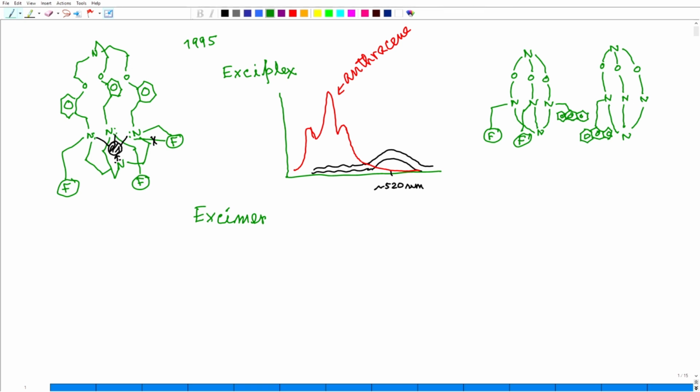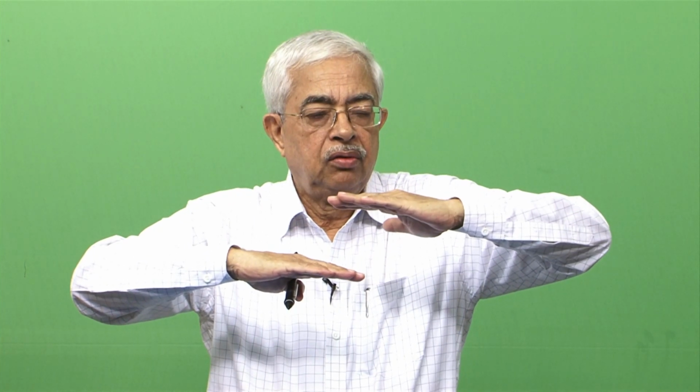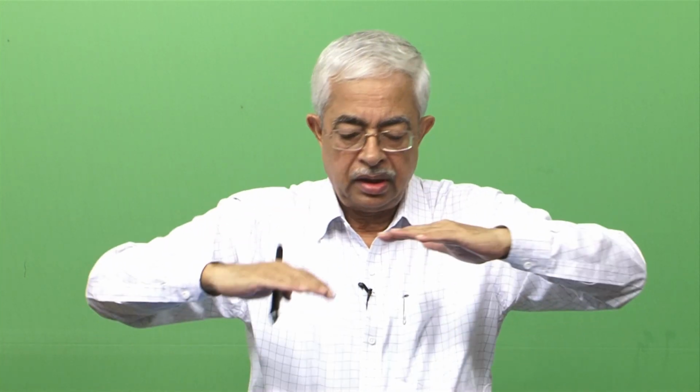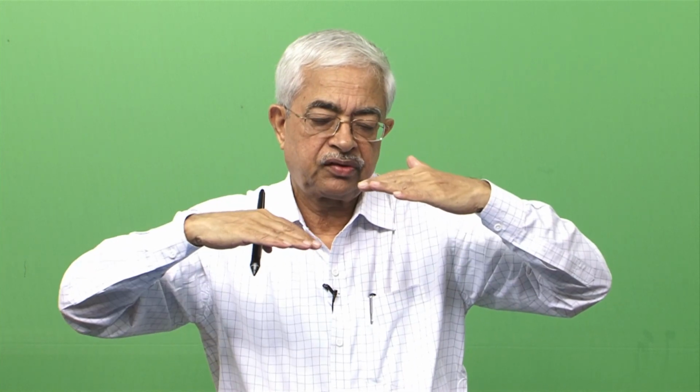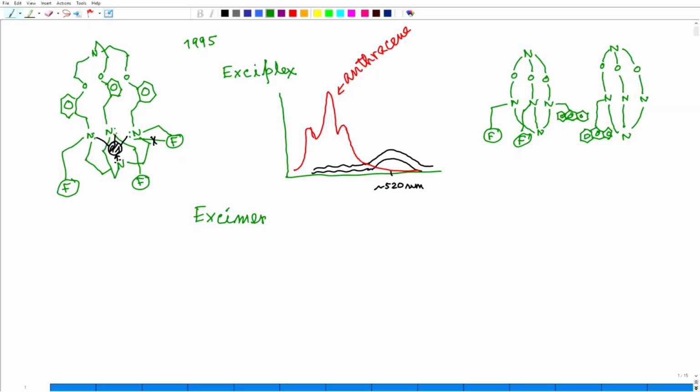Therefore, there is one anthracene moiety from the left one and this one from the right side, another comes. So, it can make a stack. When it is stacked, this will give us what is known as excimer, excited state dimer.